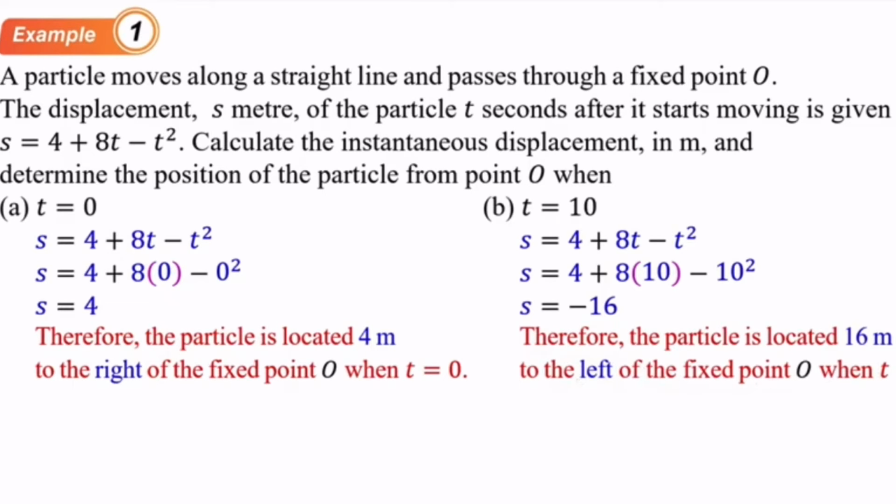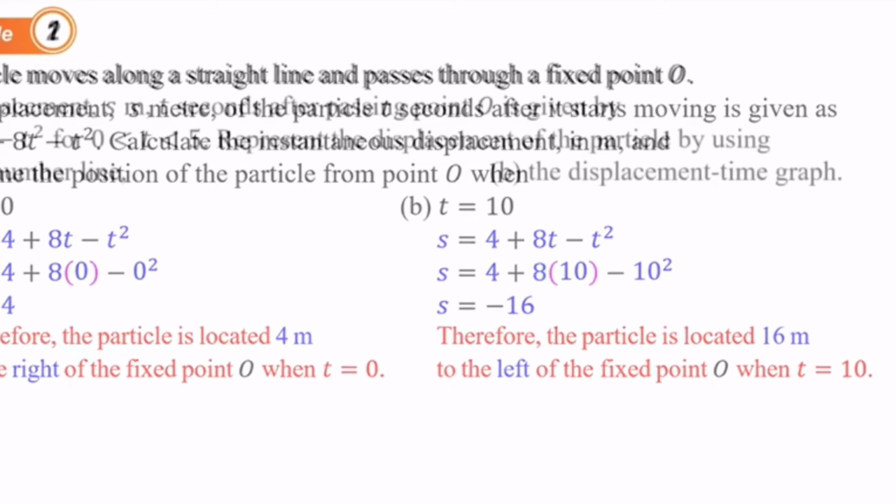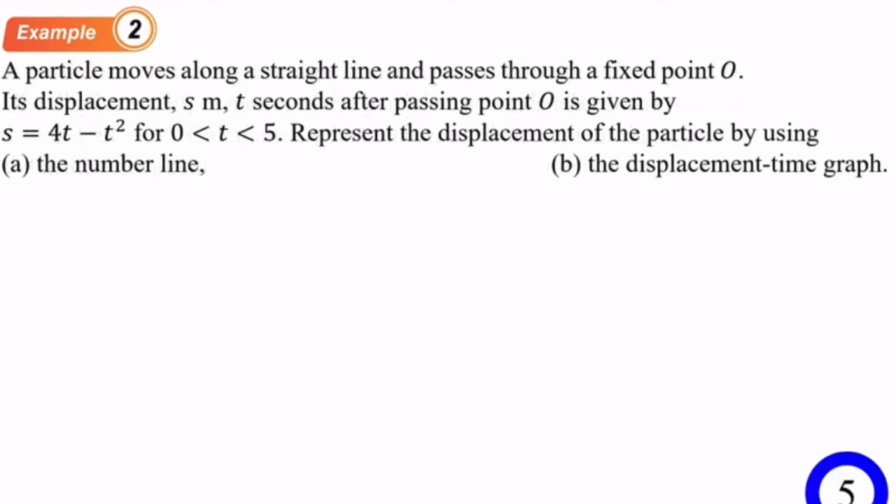So the positive and negative is actually telling us the position of the particle, right? Alright, so let's proceed to example number 2.